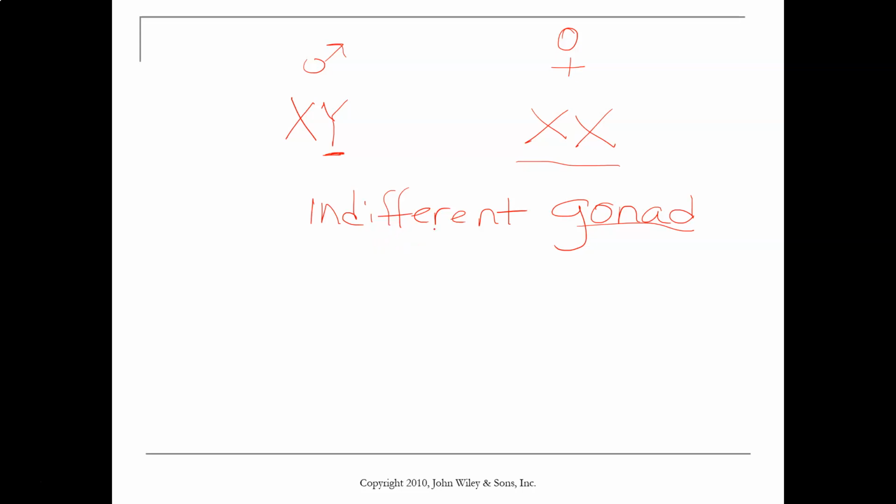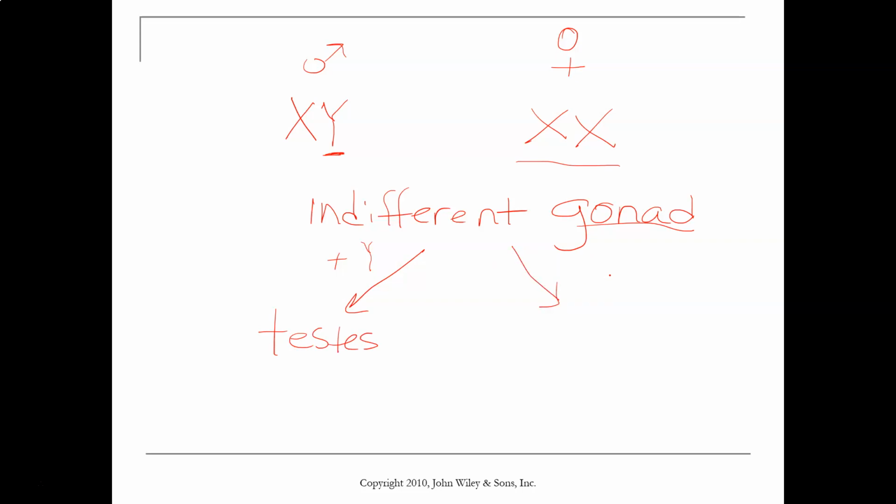And in the absence of the Y chromosome, the indifferent gonads just sort of automatically differentiate into ovaries. So you could say in some ways that ovaries are the default gonad. In other words, that's what the indifferent gonad is going to become, unless there's a functioning Y chromosome.